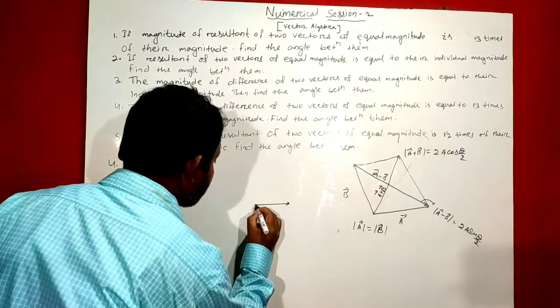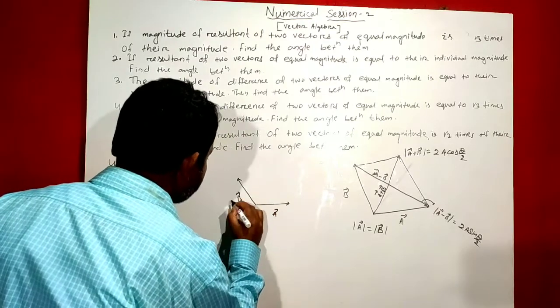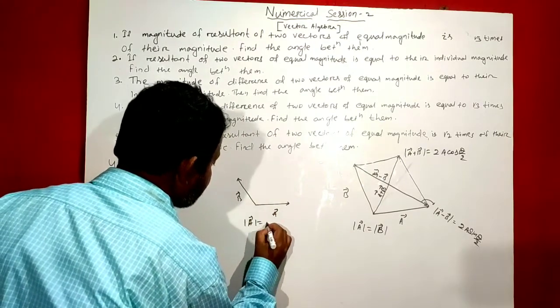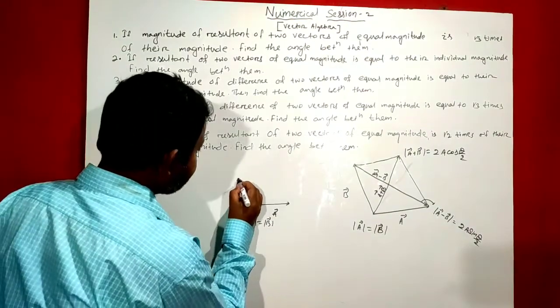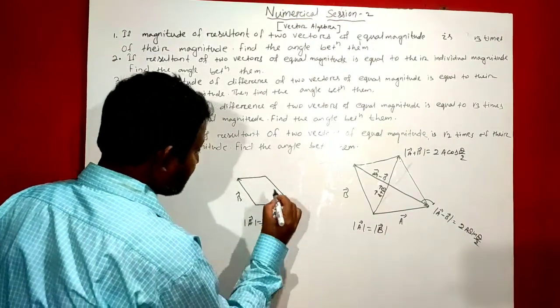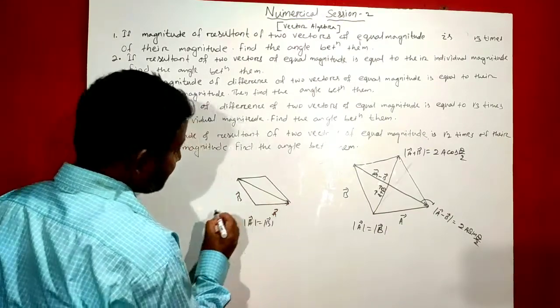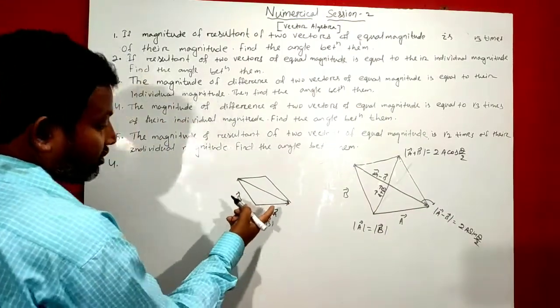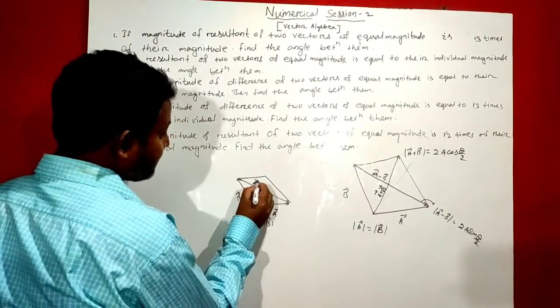This is vector A and another vector B, magnitude of A equal to magnitude of B. Then complete the parallelogram. This is A difference B, starting from B towards the head of A.